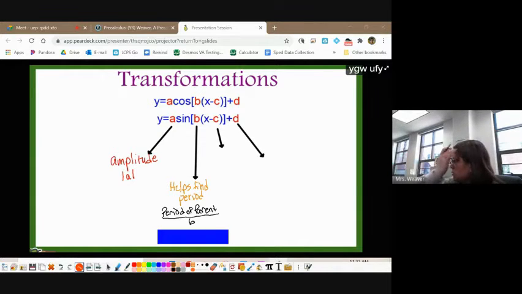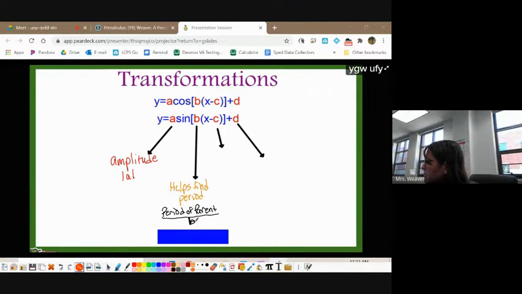So when we do periods for our sine and cosine function, the period of the parent function is going to be 2 pi. But I say period of the parent function because when we get to tangent and cotangent, we'll see their parent functions have a period of pi. They actually finish faster. And so it's going to be the period of the parent function divided by B, and that's a B, not a 6.